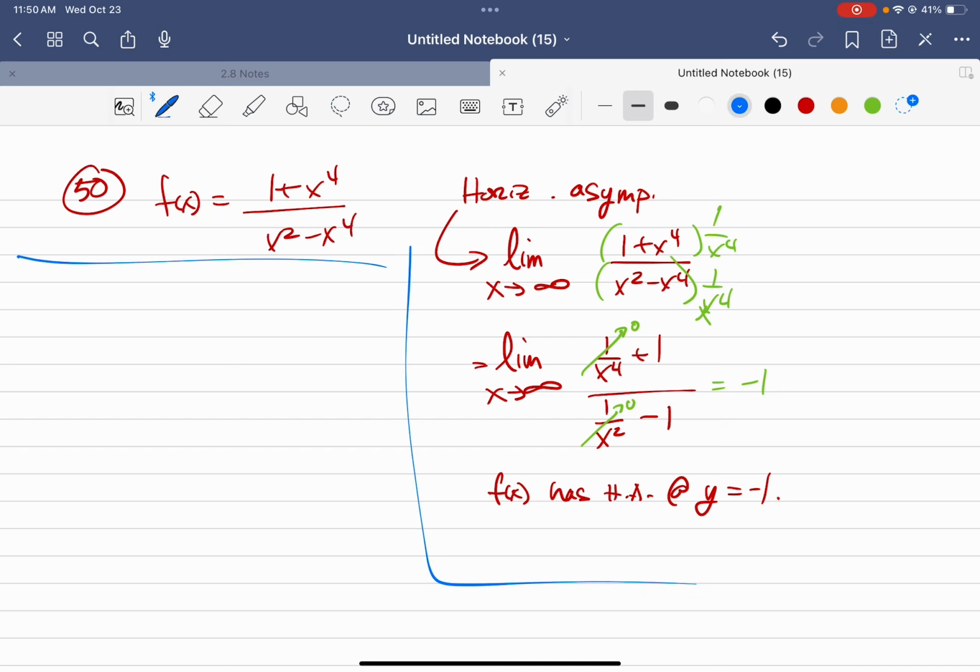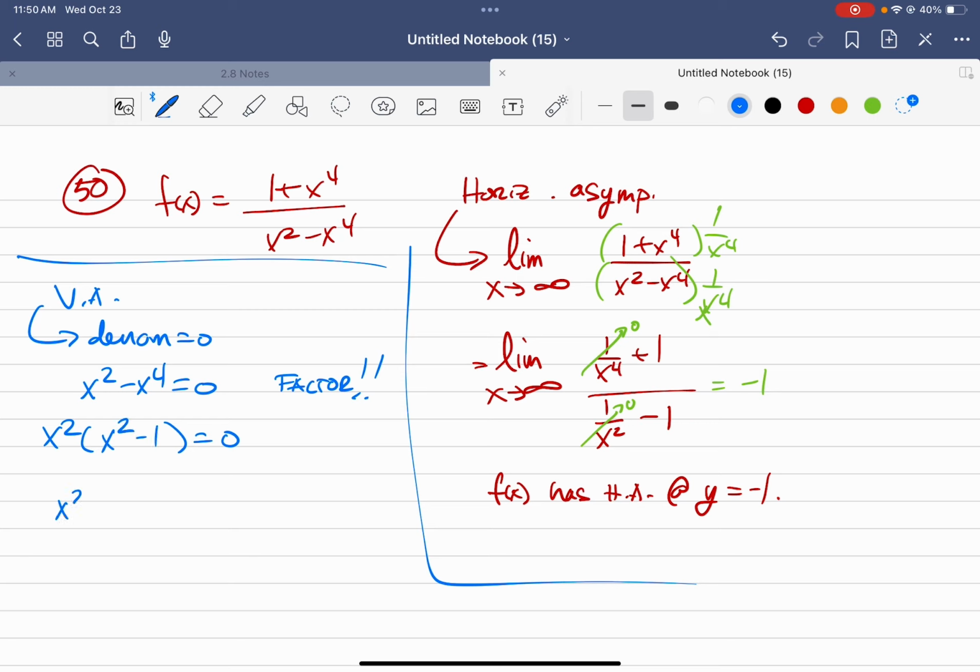For a vertical asymptote, we take the denominator and set it equal to 0. The reason we like things set equal to 0 is because we can factor. If I factor, I get this, which means this equals 0 or this equals 0, so x equals plus or minus 1, and x equals 0.